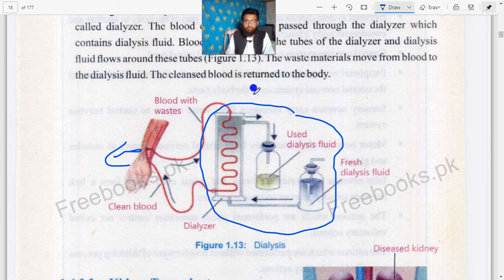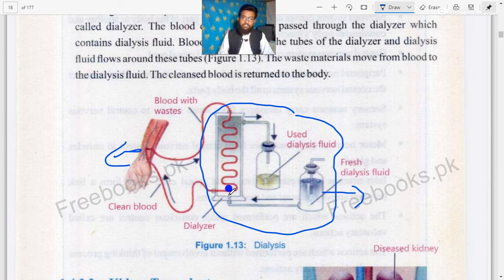Now, how does this cleaning of the blood take place in the dialyzer machine? Actually, cadets, this blue colored bottle contains fresh dialysis fluid. Through the tube, this fresh dialysis fluid enters into the tank.